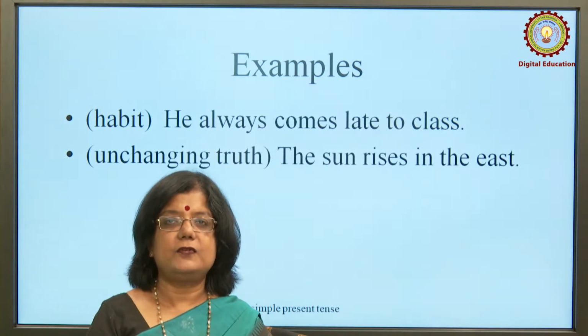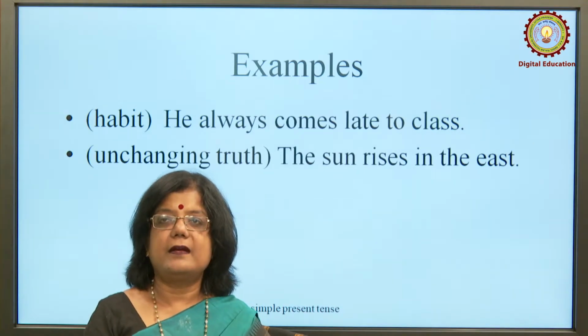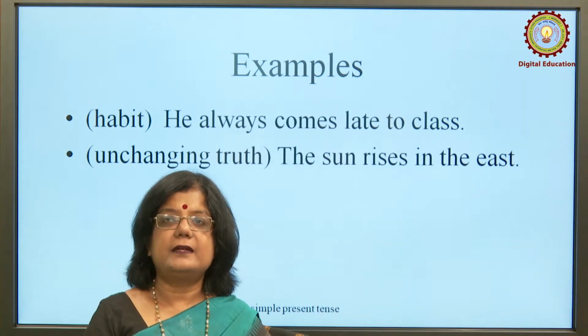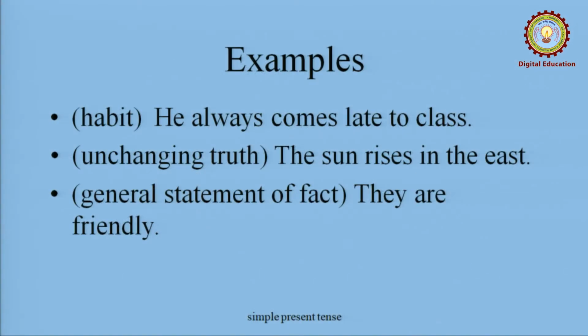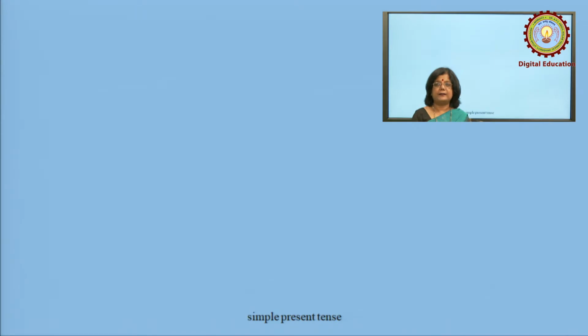The second thing which we talked about was unchanging truth. The sun rises in the east. Honesty is the best policy. The truths which cannot be changed, which should not be changed, can be denoted through this tense. Then a general statement of fact also we use. They are friendly to each other.